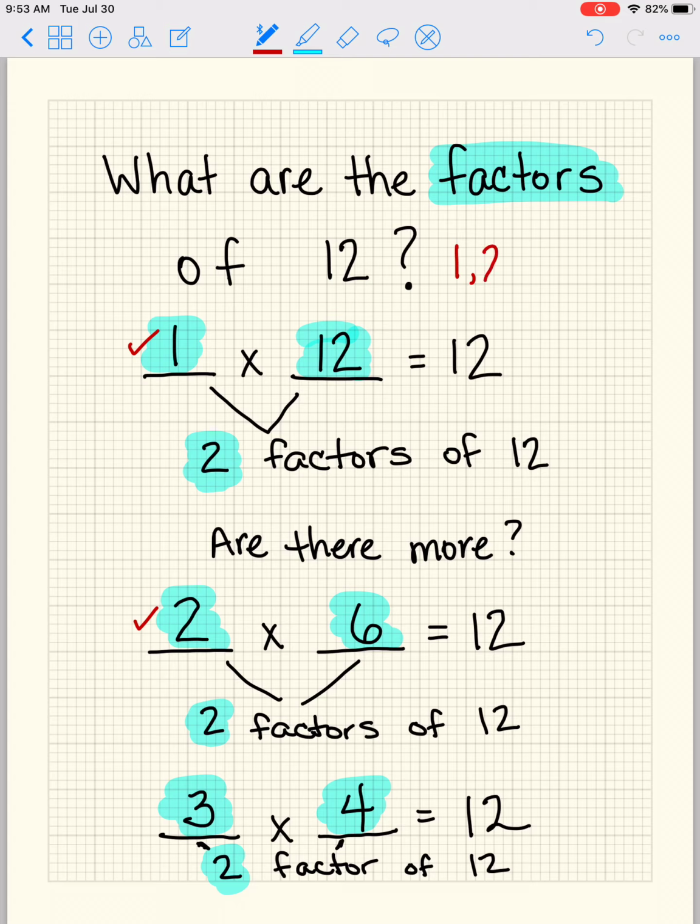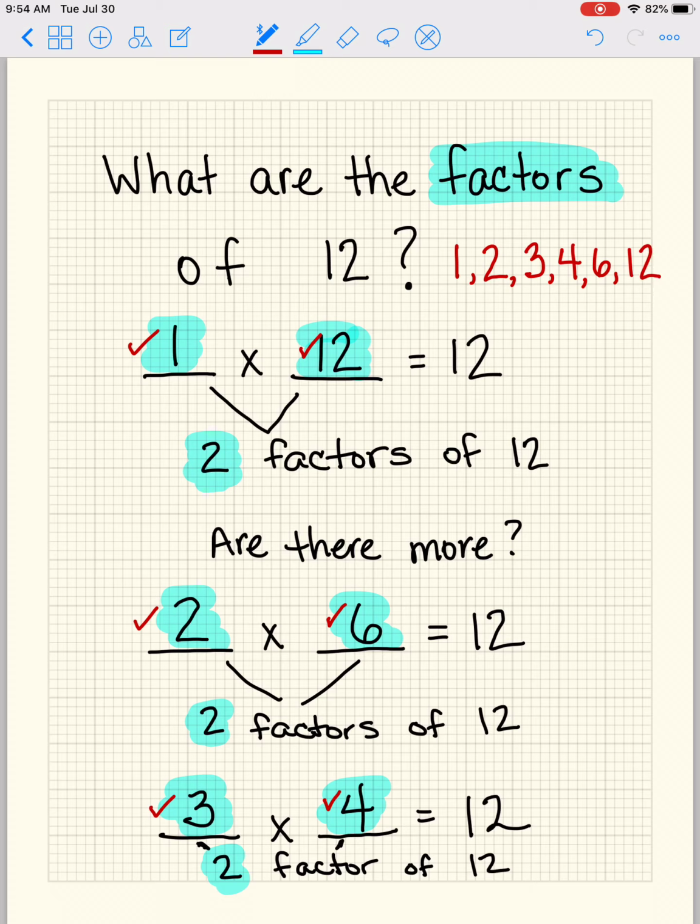So I'm going to put 2 next in my list and then comma. Now if I look down through my equations, I see 3 is going to come next in order. So there's the 3. Then I also see 4. It's going to come right after 3, so I'll list 4. Now, if I start working my way back up my page, I can see 6 is going to come next because 6 is bigger than 4 but smaller than 12. So I'm going to list 6. And then finally, I'm going to list my last factor, 12.